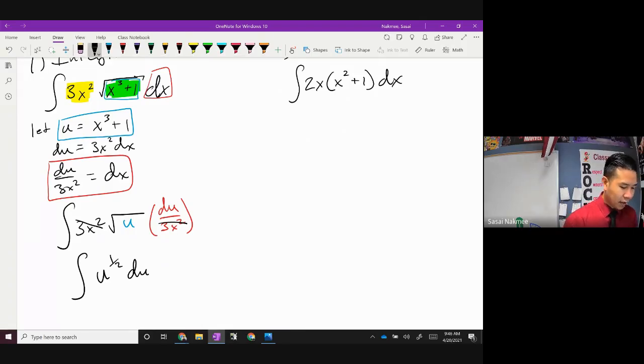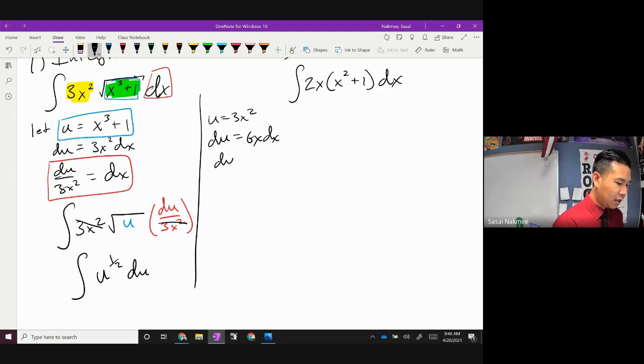If I had done it the other way, as a hypothetical, and let u equal 3x squared instead, I take the derivative and I would have gotten du equal to 6x dx, which means that du over 6x is equal to dx.